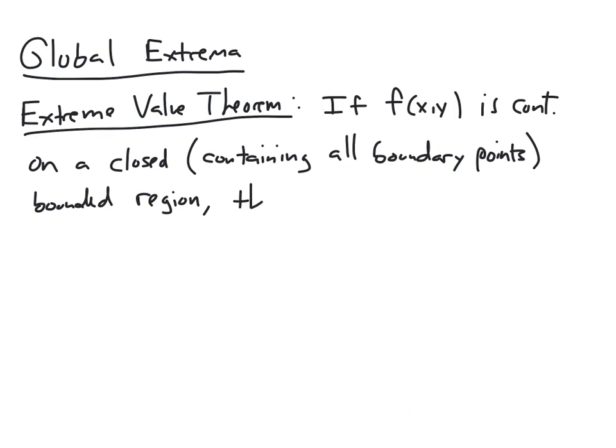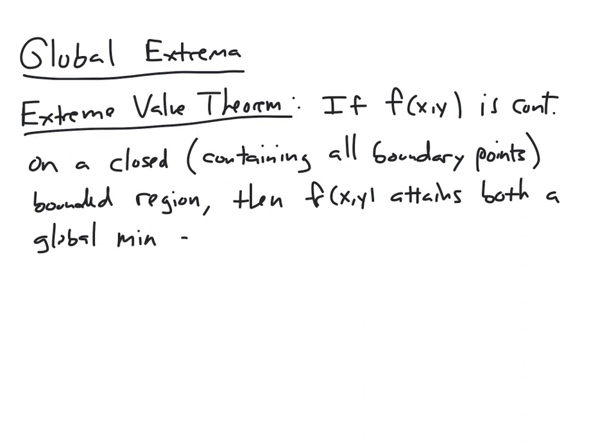Right? So if a function is continuous on a closed bounded region, then f of x, y attains both a global min and a global max on that region.